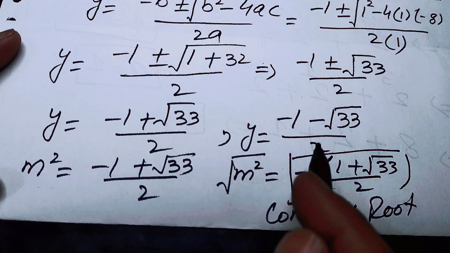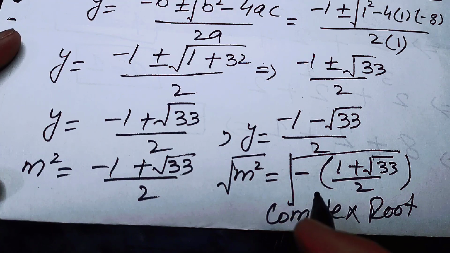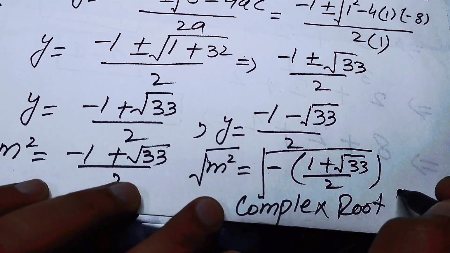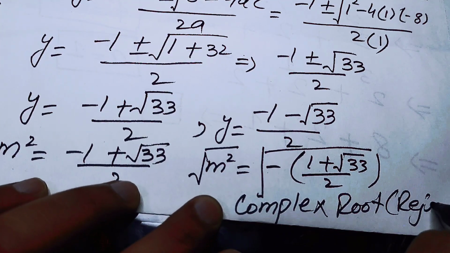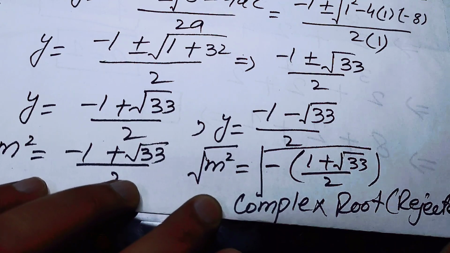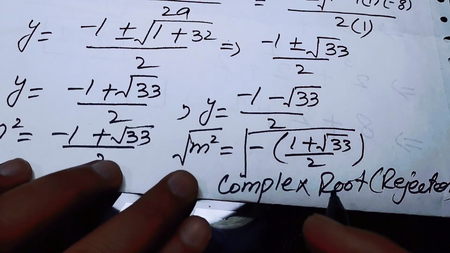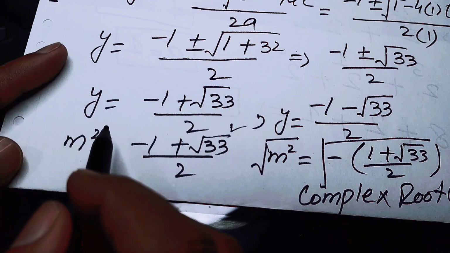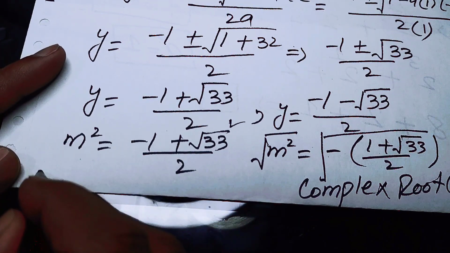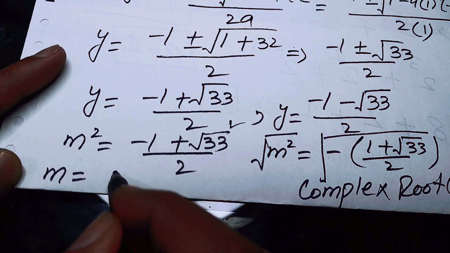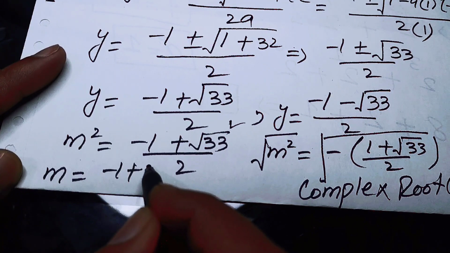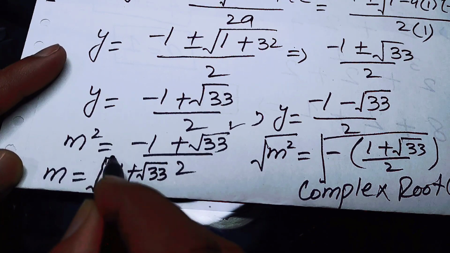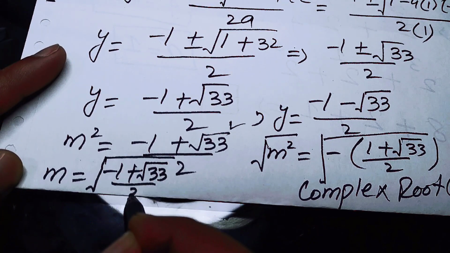So this expression gives a complex root, and we can reject it and proceed with this root only. Taking the square root on both sides, finally we get m is equal to the square root of ((minus 1 plus square root of 33) over 2).